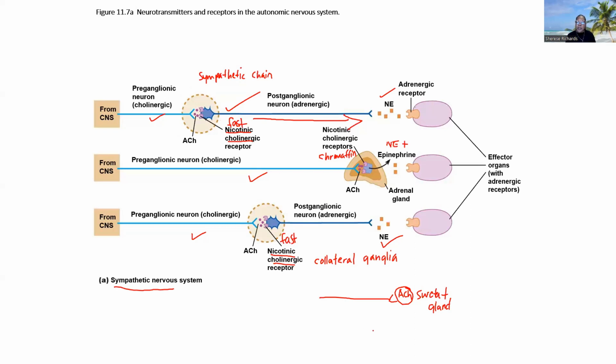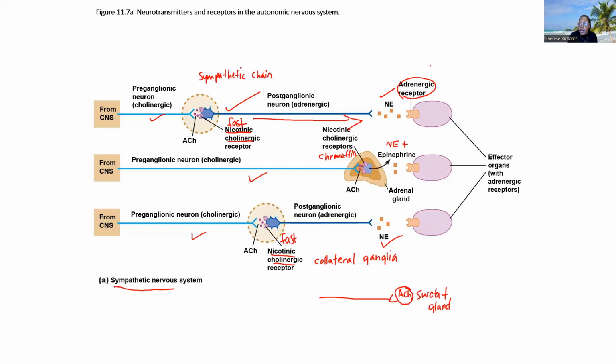This is an immediate response. As soon as acetylcholine binds to nicotinic receptors, it's going to automatically result in depolarization so that the postganglionic neuron can now send that signal all the way down to the effector tissue in question. And now when we get to the effector tissue, the receptor here, in this case, it's going to be an adrenergic receptor.